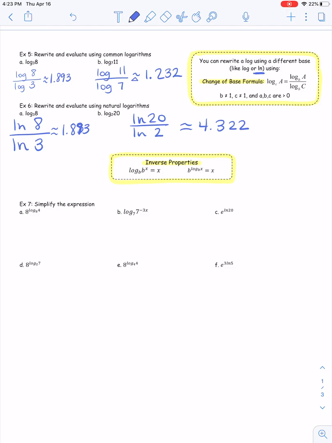And really, we don't even need to use this because you guys have your calculators, and in the 5A notes, it gave you the directions of how to put in a different base other than 10. So if you just put in log and a number, that's going to use the base of 10. But if you go to your F4 button and F3 button or whatever it was, the math and stuff like that, that's on your 5A notes, then you can actually put in any other base that you want. You can put in log base 3 of 8 and get an approximation there, and you don't have to use this formula.